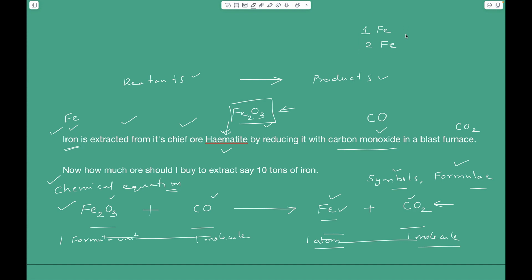Now, by convention, if you are only representing one atom, you can omit this 1. So, if you don't see any number before a symbol, understand that there is a 1 there. That is implied.